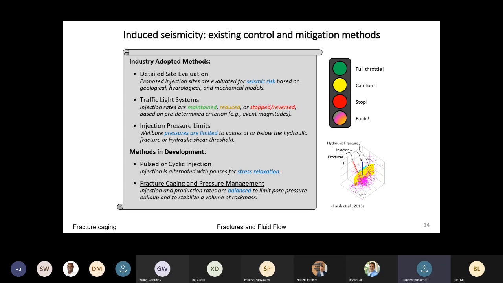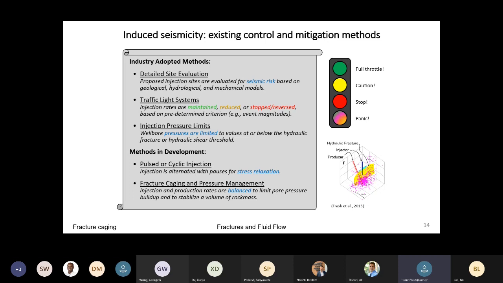Okay, so continuing on here, in terms of induced seismicity, which is a topic that I mentioned previously, I just wanted to briefly go over what people currently do and what I'm currently working on to add to this work.